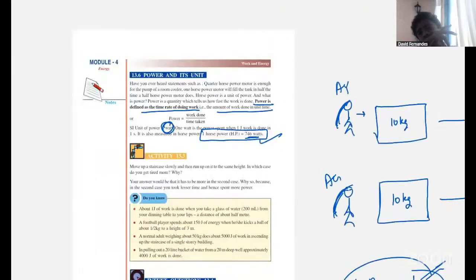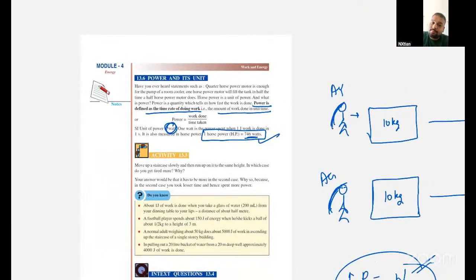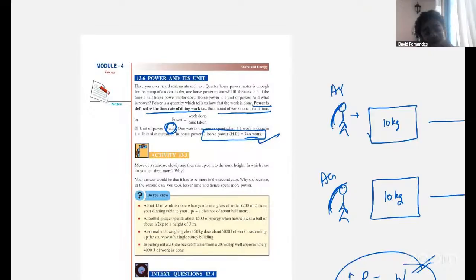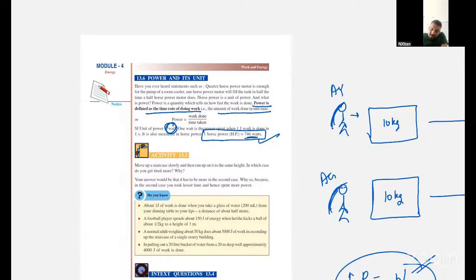So where do they get that term horsepower from? And why would they name it horsepower? Maybe in ancient times the horse has a good power. They run quite a bit, so they compared it.